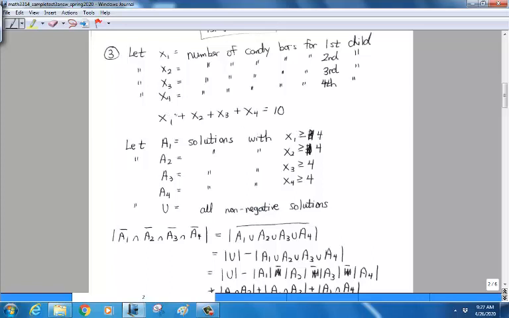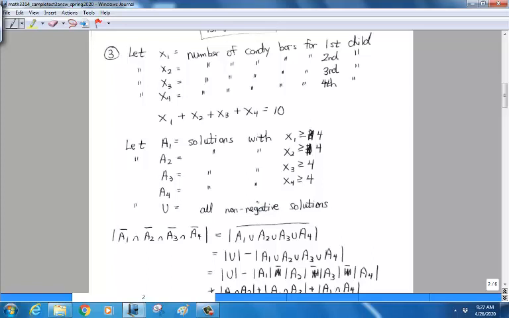In other words, the first child gets 4 or more candy bars. Let A2 be the solutions where x2 is greater than or equal to 4, A3 where x3 is greater than or equal to 4, and A4 where x4 is greater than or equal to 4.